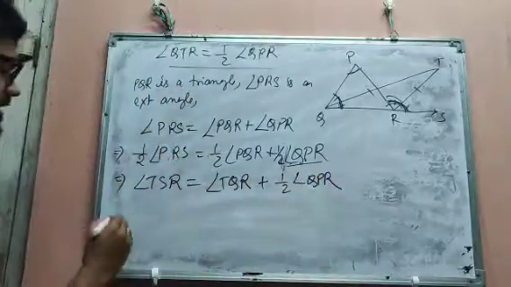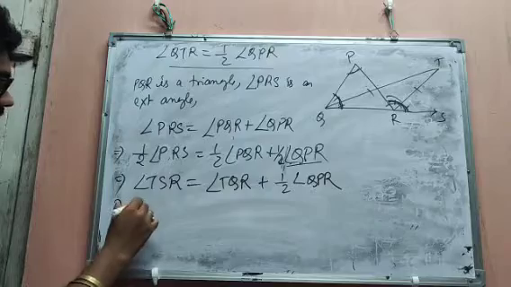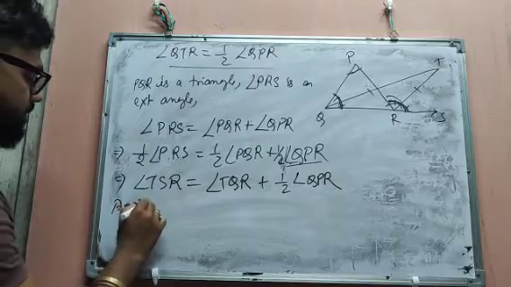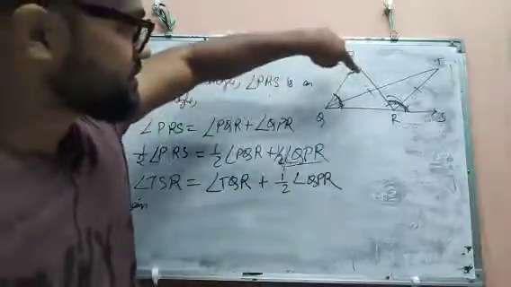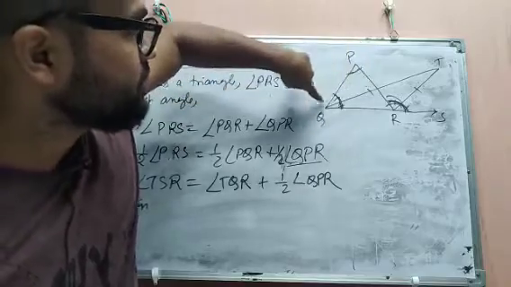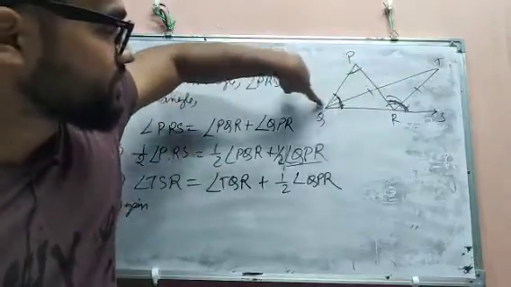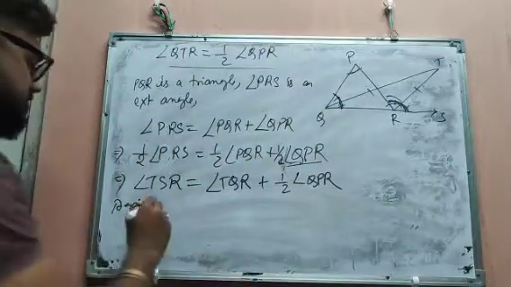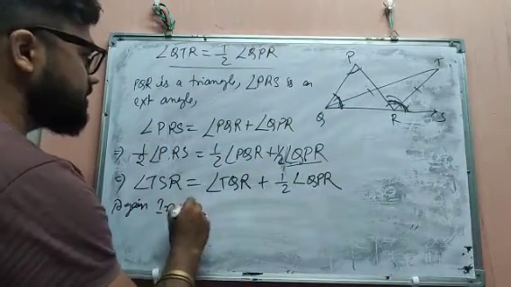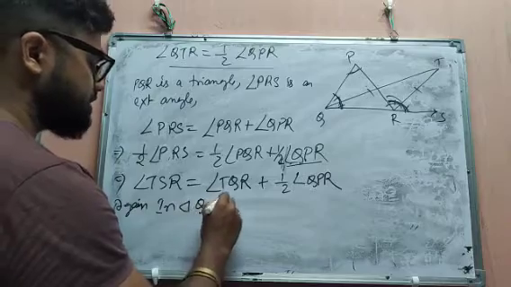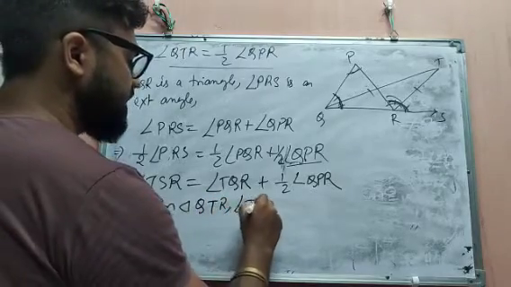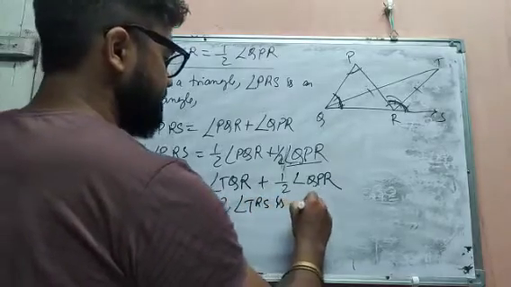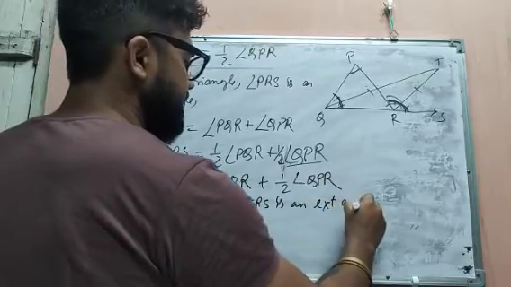Again, now compare this triangle, QTR. For triangle QTR, TRS is also an exterior angle. So again in triangle QTR, angle TRS is an exterior angle.